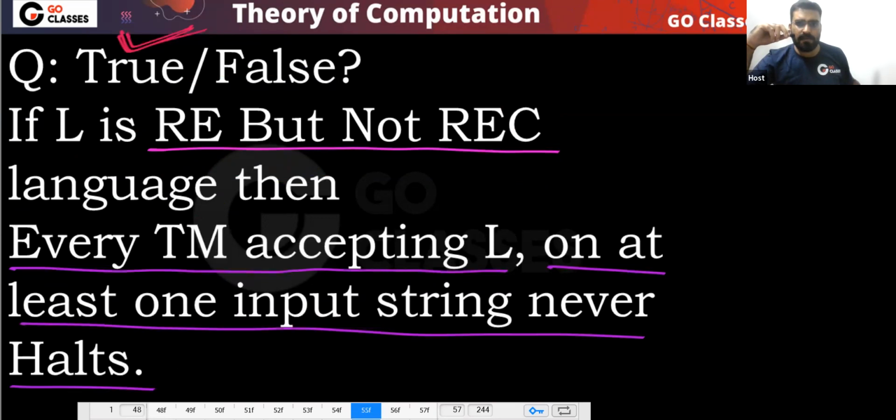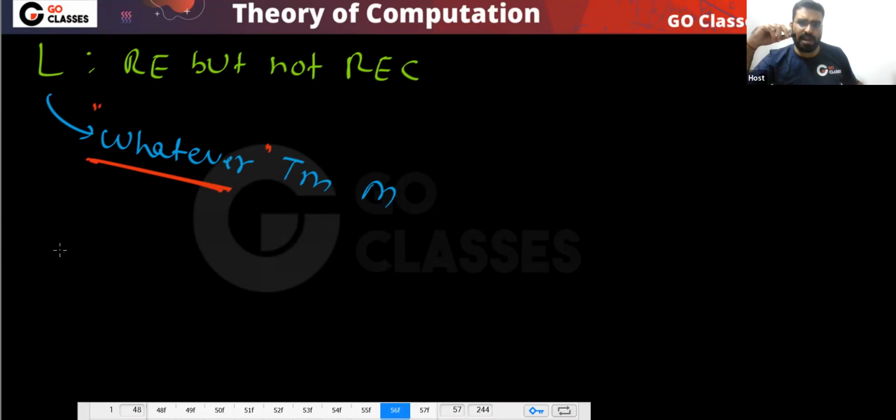So we can clearly say that if your language L is RE but not REC, then whatever Turing machine M you create, what will happen?